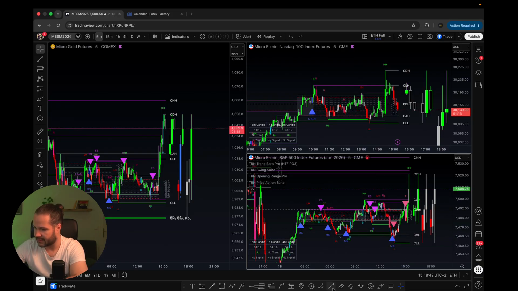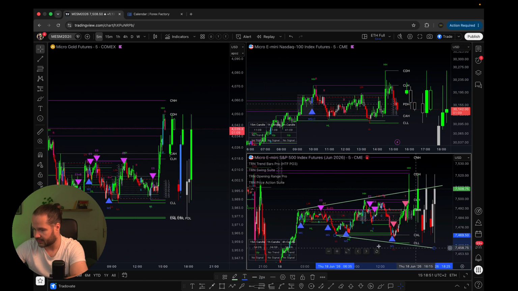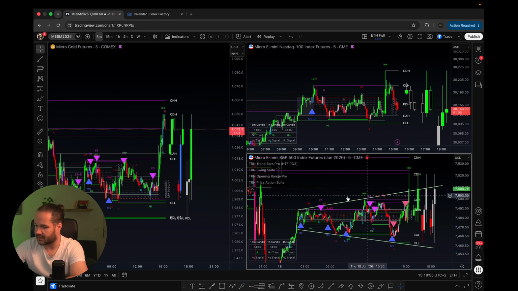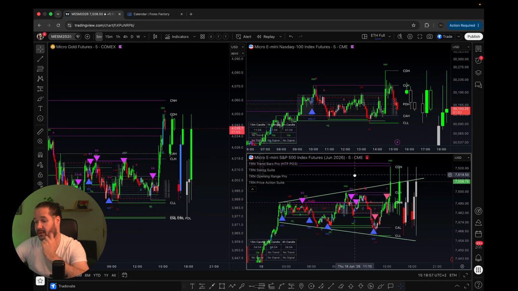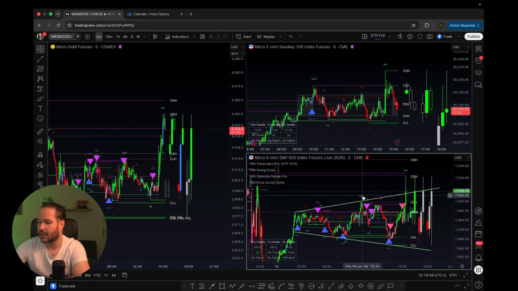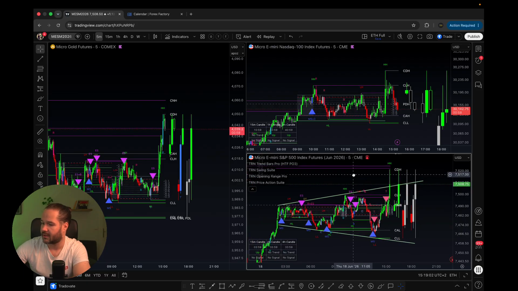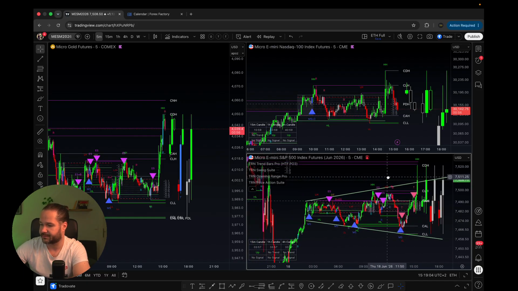It's honestly something like a broadening wedge to me, where we just have the breakout. And it looks like this here. So that's the pattern we're moving inside. I'm not trading this pattern, but it's nice to see the area of consolidation.